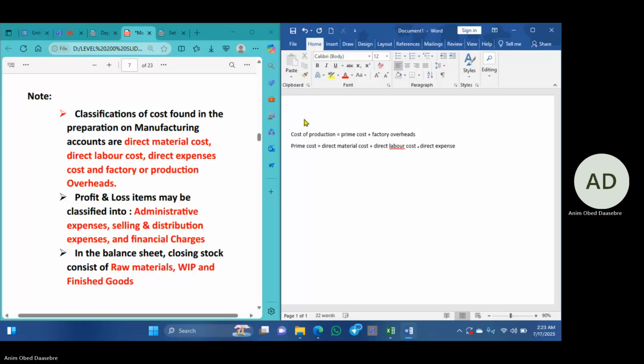So these three components will give you what we call the prime cost.